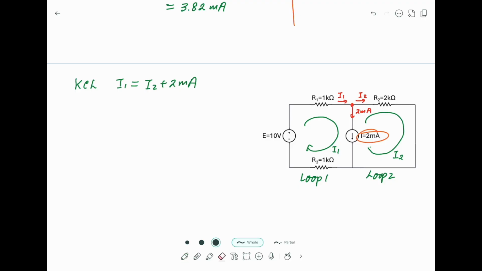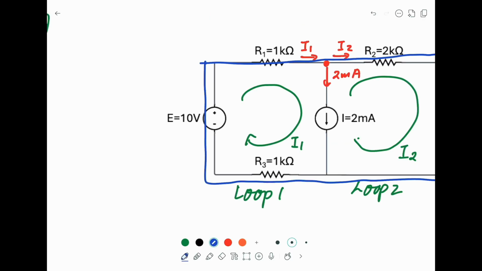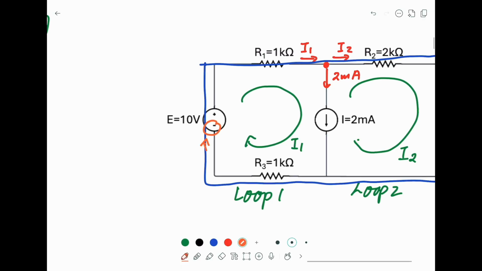Next, we can apply KVL along our super loop. It means we can apply KVL starting from E1, the voltage source. We note this current I1 passes through the 10 volt voltage source from the negative side.